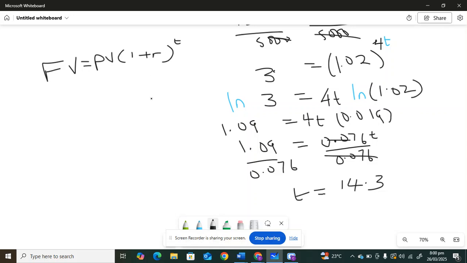Since there's compounding, whenever there's compounding, you always divide r by n and multiply n by t. Now, in this case, it's compounded annually. So, what is the value of n? So, we don't even need to do those divisions and multiplications there.